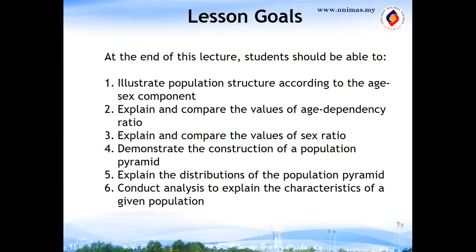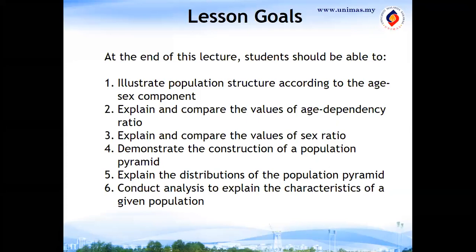At the end of this lecture, you should be able to illustrate population structure according to the age and sex component, right? And number two, you should be able to explain and compare the values of age dependency ratio. The third one is you should be able to explain and compare the values of sex ratio.